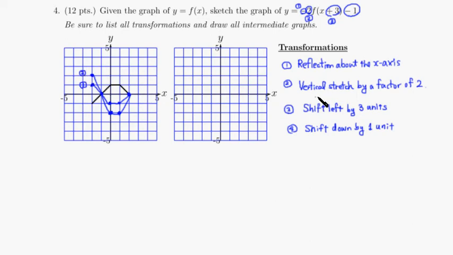Then for the third transformation, we shift left by 3 units, so everything goes 3 units to the left. It goes here. This guy goes 1, 2, 3, so it goes here. This guy goes 1, 2, 3, here.